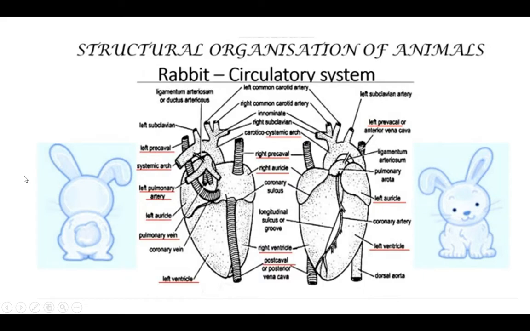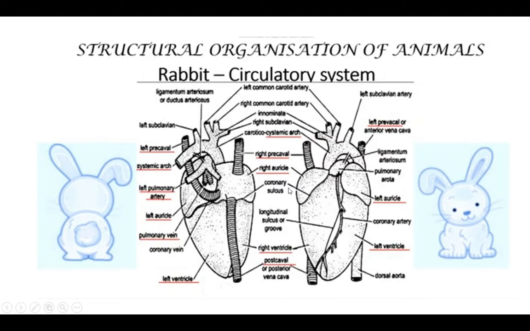Okay, so remember children, for rabbit the dorsal view is given in your textbook and for the human heart the ventral view is given in your textbook. So here in the dorsal view, this area will be the right side and this area will be the left side. For the human heart, this area you labeled as the left side.